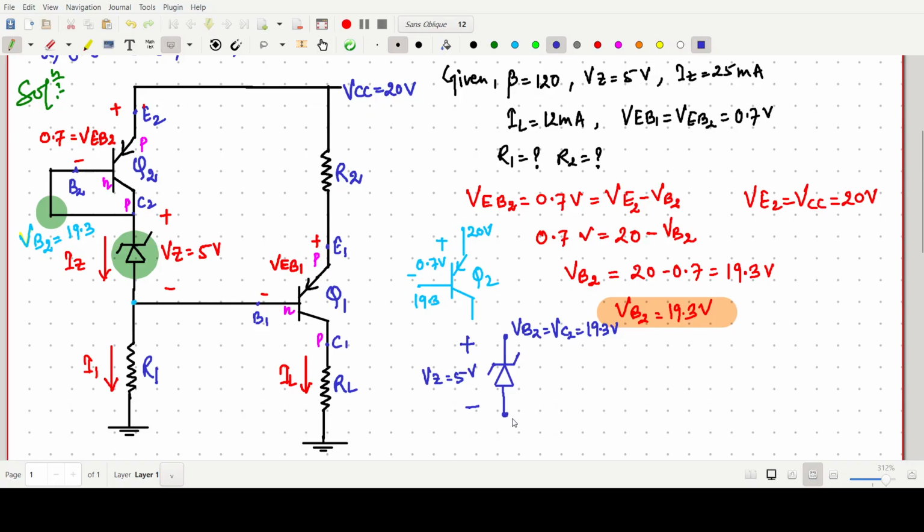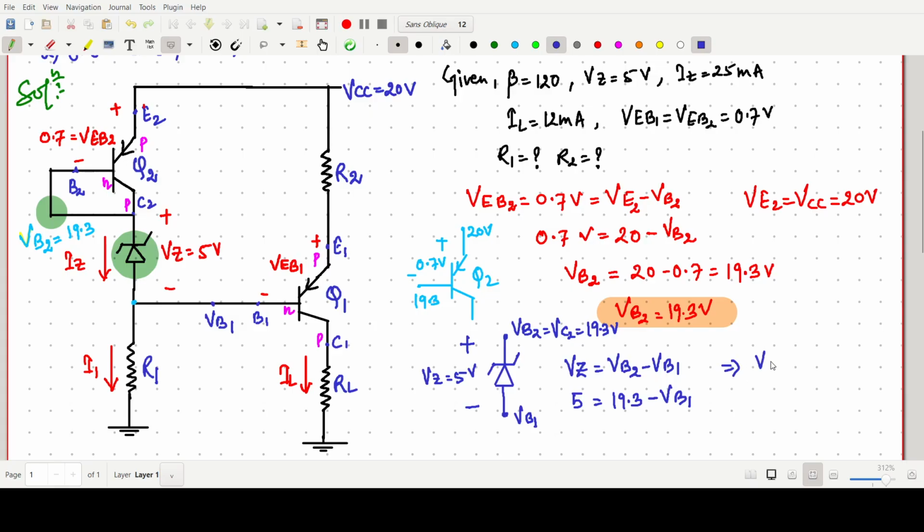So the voltage at this point is VB1, which we can find because the other values are given. So VZ is simply VB2 minus VB1, that is 5 volt equals 19.3 volt minus VB1.